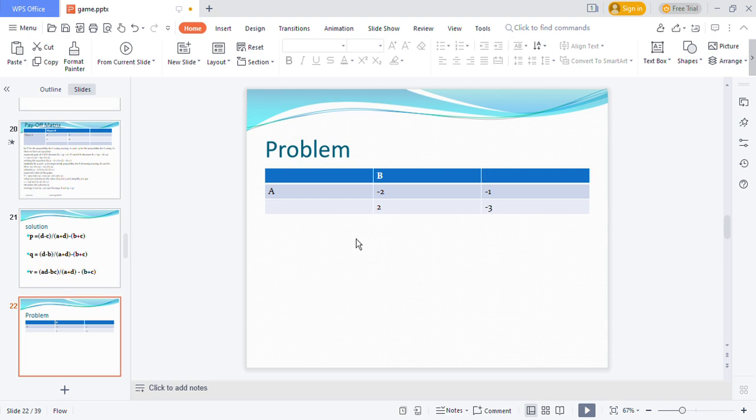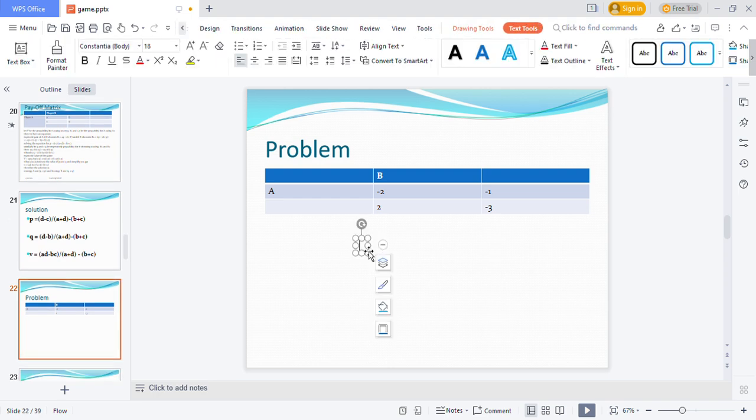So number one, we know that to get the values for each and every game, the question requires you to determine the value of P, Q, and V. In other words, the value of the game.